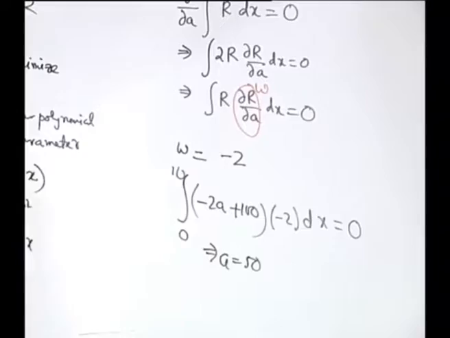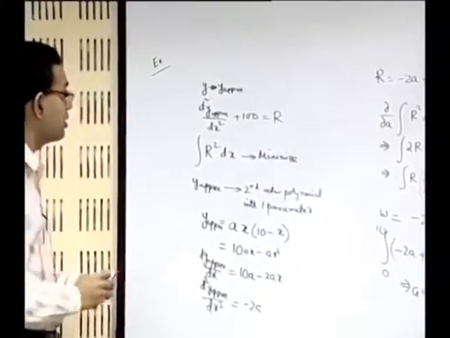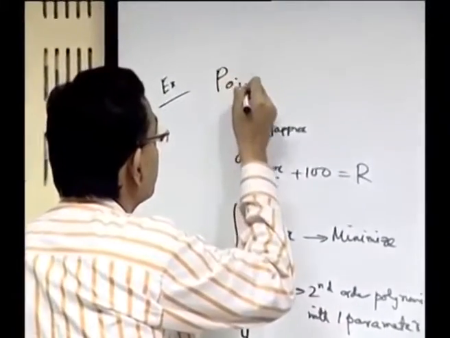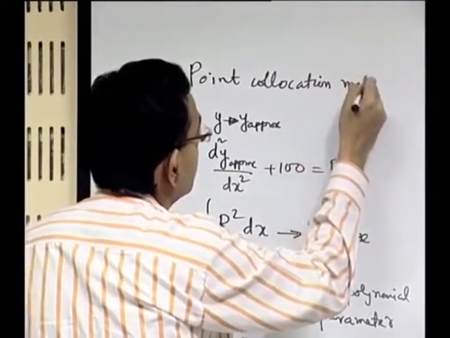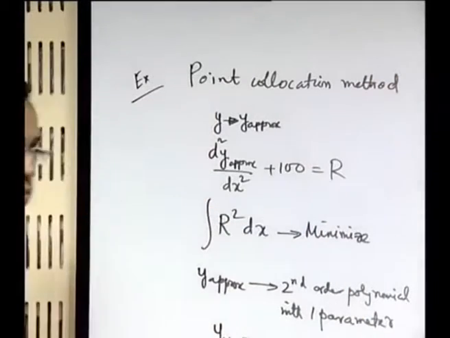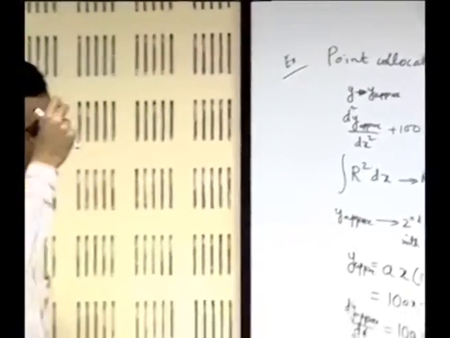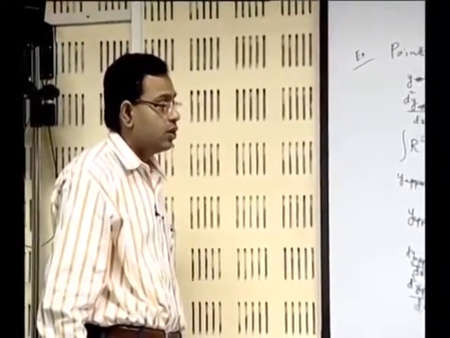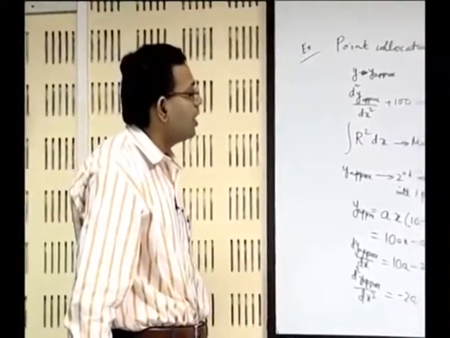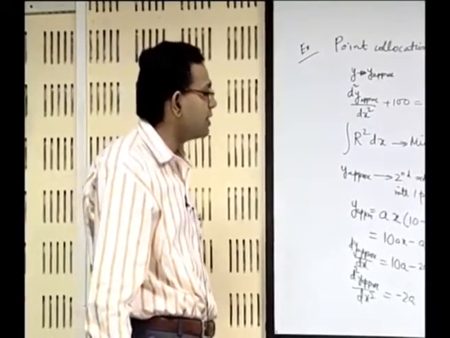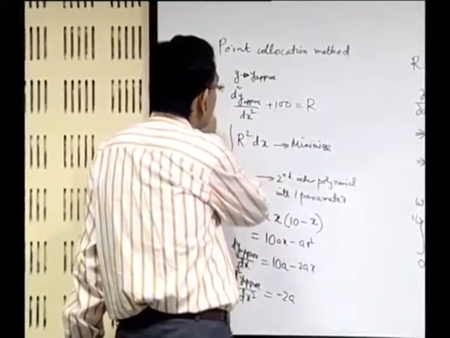Next, let us take the second example where we consider a method called the point collocation method. So, point collocation method, what do we do? We try to have the weighting function as a special function. So, we do not go through this route.